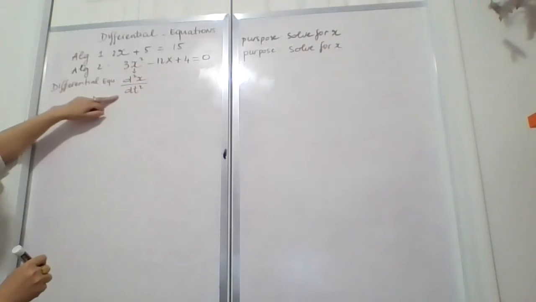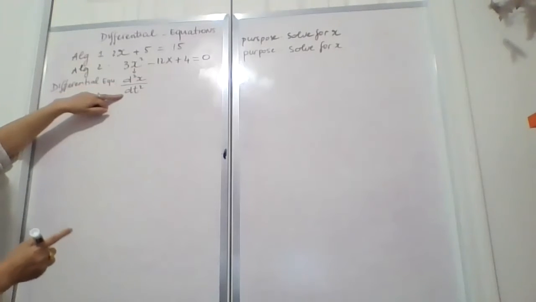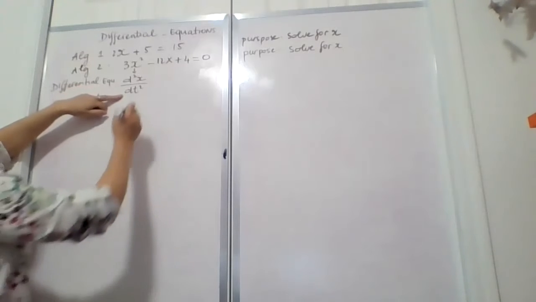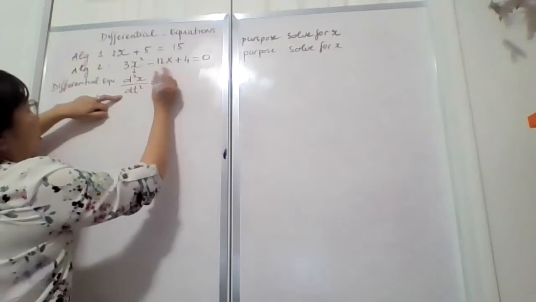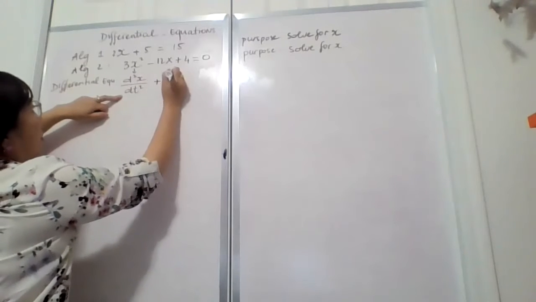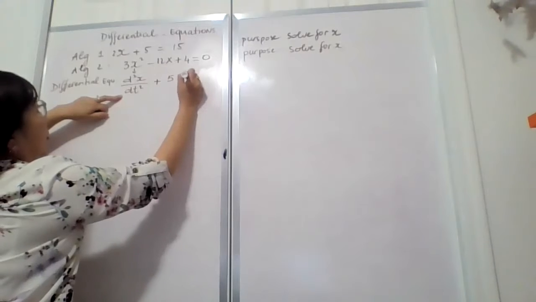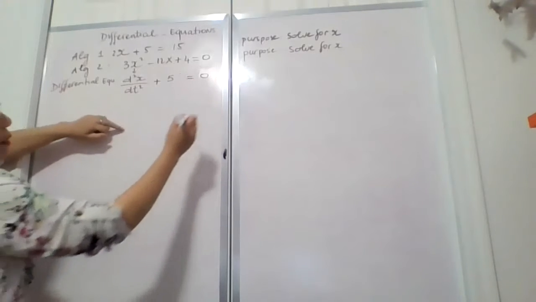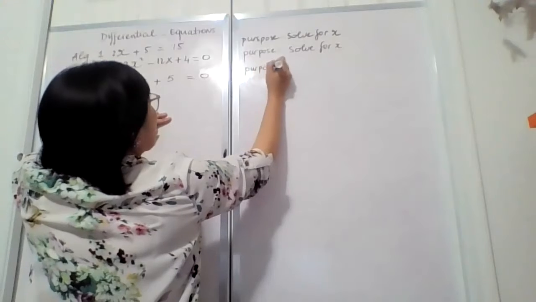And what does it mean? This means the second derivative of x with respect to time. Let's say this second derivative of x with respect to time, adding 5, equals 0, something like that, right? So now what is our purpose?